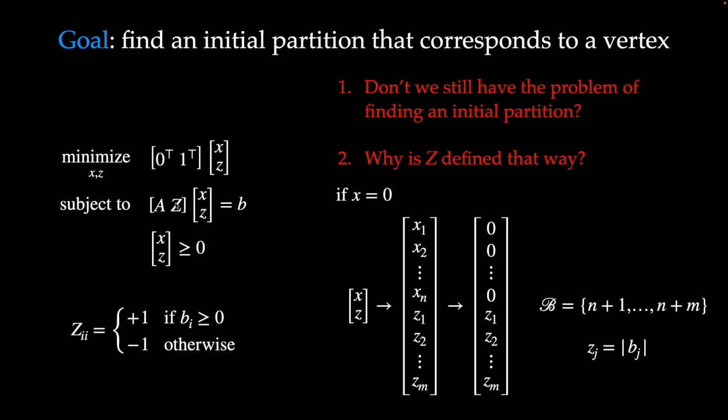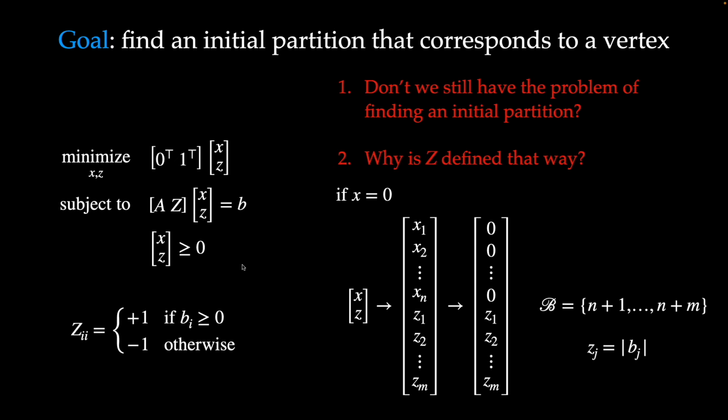So what we actually have is just Iz is equal to b, which is true since the way that we've initialized it here. And we also have that z and x are greater than or equal to 0. So this is a feasible initial partition. We can now do this for any of these auxiliary linear programs. We're always going to have this valid initial partition for this auxiliary linear program.